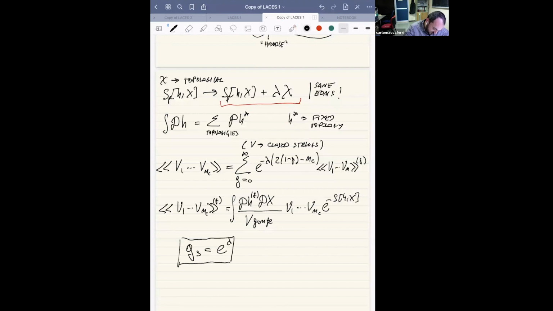Essentially we have seen that adding this topological term to the Polyakov action gives us a way to weight different topological sectors of the path integral differently.